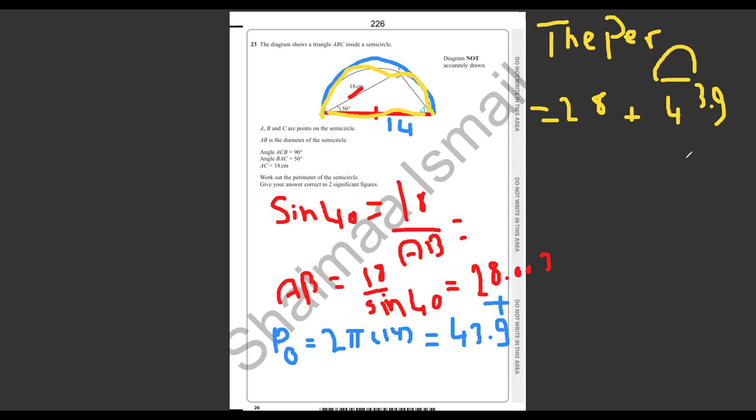So we need just two numbers. And this gives 87.9, which you can approximate to 88 to 2 SF. Okay. So here it will be equal to 88. And here we did it.